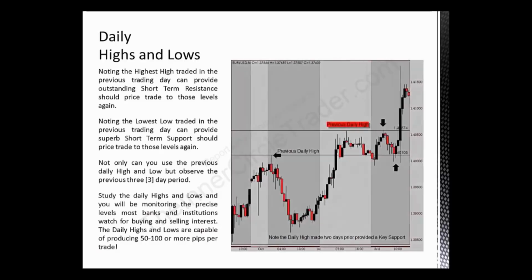All right, now the daily highs and lows, obviously you can still reference that if you are a part-time trader or one that is unable to be in front of the charts every single day. But previous days' highs and lows are really the wonderful setups that day traders can use, because the banks are looking at these levels, and I like to look at at least 3 days' worth of data.